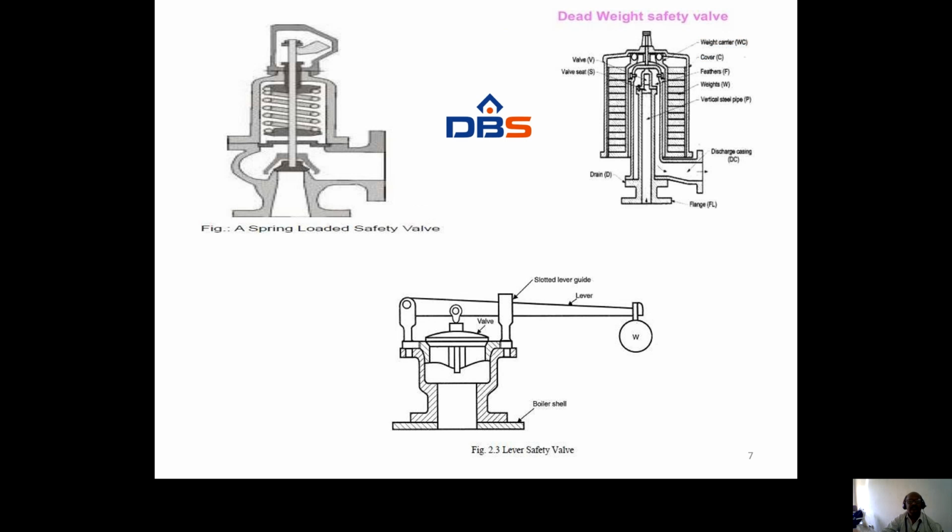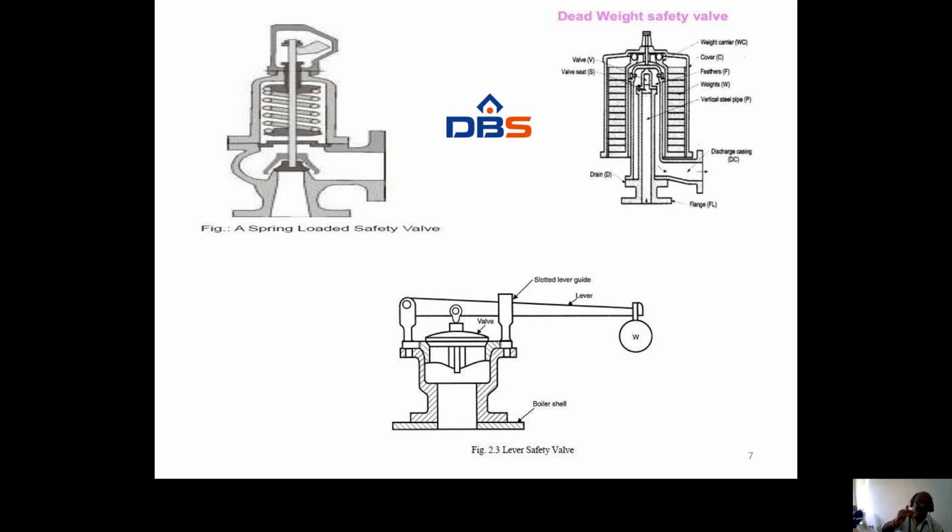These are the diagrams of the safety valves. This is a lever operated safety valve. These two are spring operated safety valves. Once the pressure reaches the maximum pressure, it pushes this spring up and automatically the excess pressure will be relieved through the safety valve.